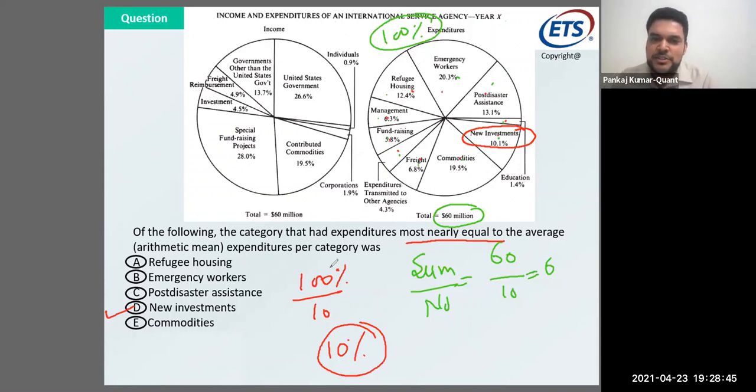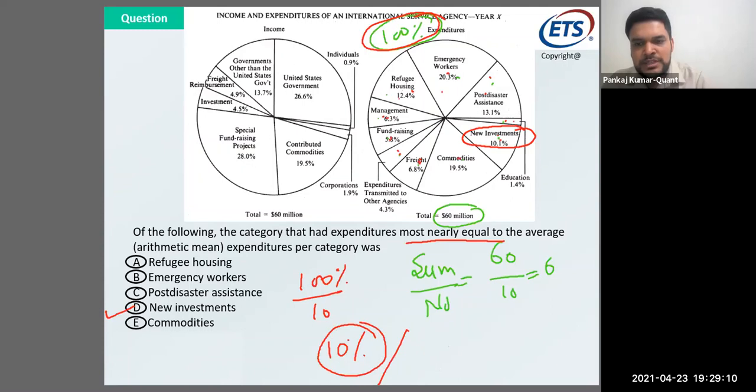Yes, Sanchit. We're talking about the whole thing as percentage. So this expenditure remains the whole 100%. Because there are 10 categories, average is going to be 10% per category.